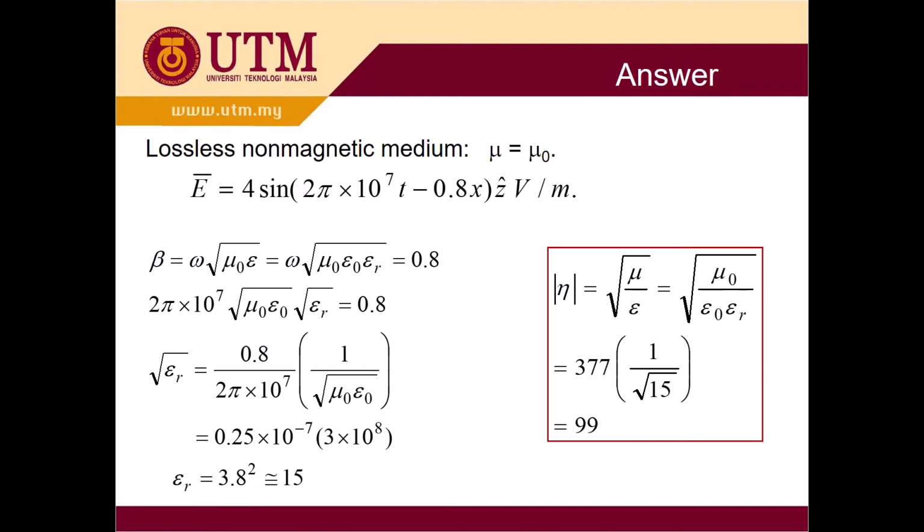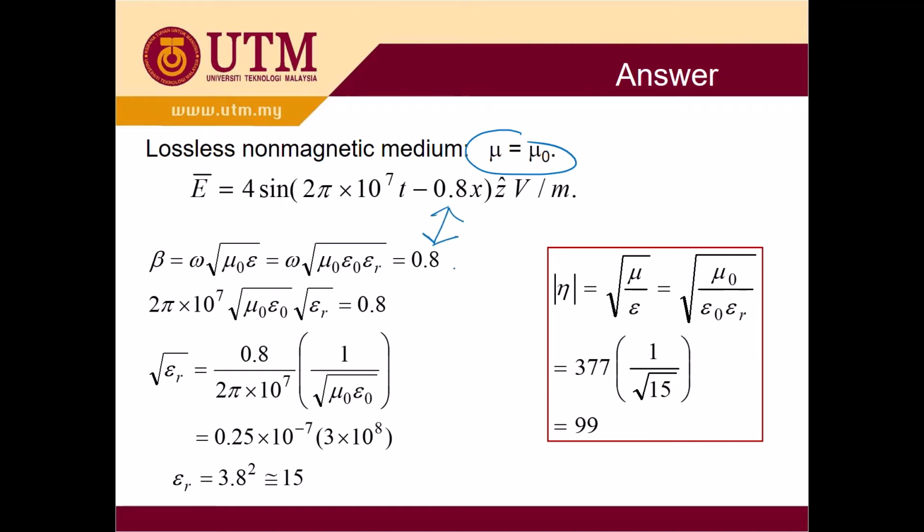For a lossless non-magnetic medium, mu is equal to mu naught. The beta can be determined using omega square root of mu naught epsilon. So when you calculate, this is 0.8.